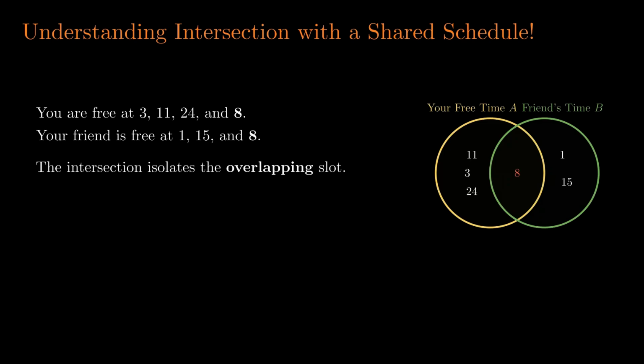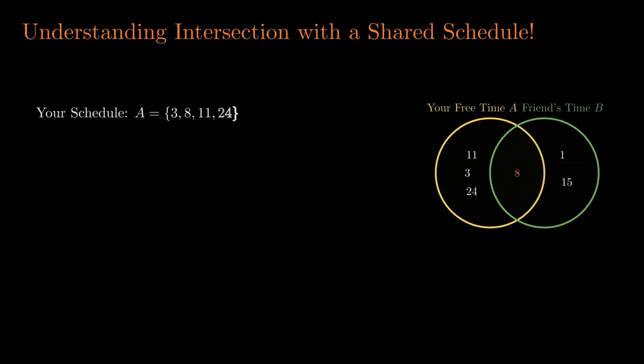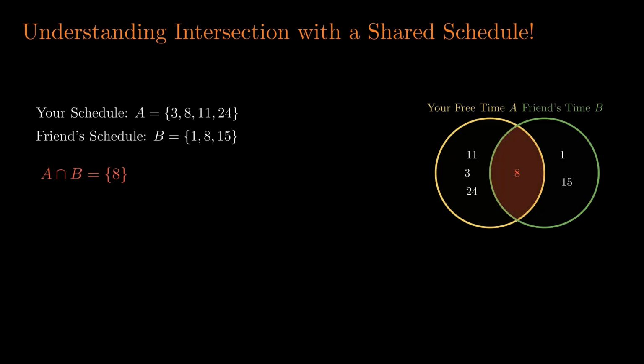You must pick 8 o'clock because it is the only hour you both share. In math terms, your schedule intersected with your friend's schedule leaves only 8. Therefore, A intersection B equals the set containing 8.